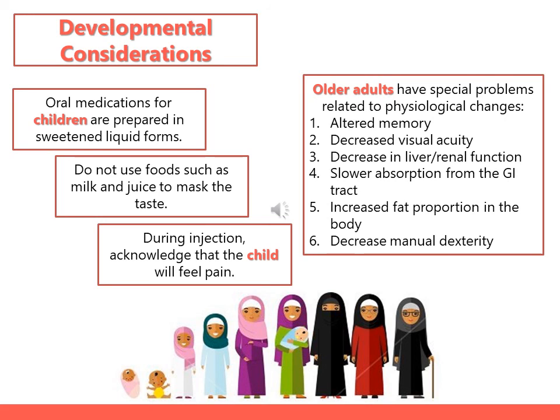The medications will have very low absorption because there are no blood vessels. Decreased manual dexterity. Manual dexterity means the patient might be shaking, and if the patient is receiving some injection, they are prone to injury or any issues. So these are the different developmental considerations that you need to remember.